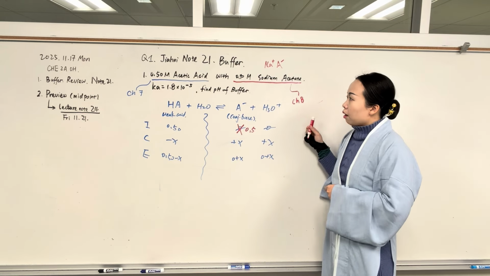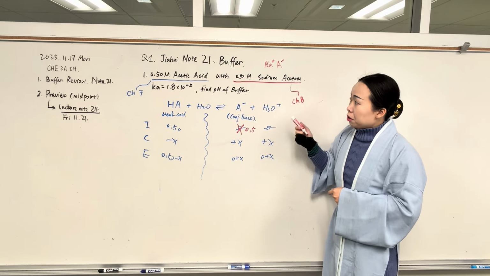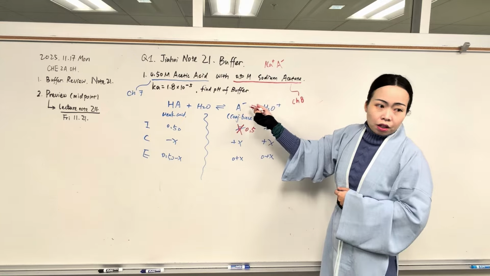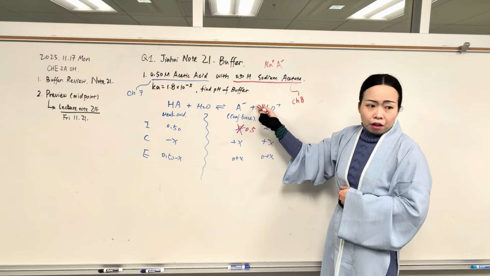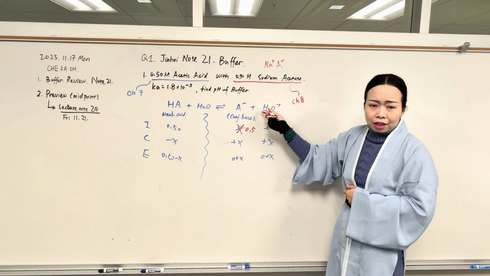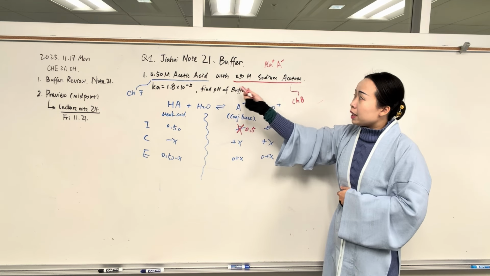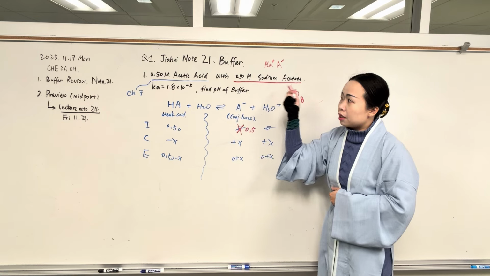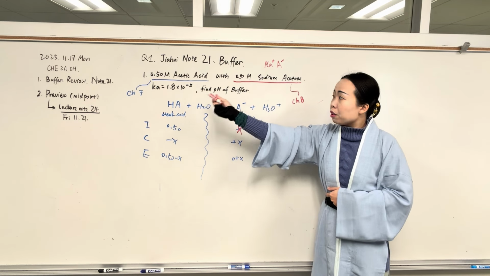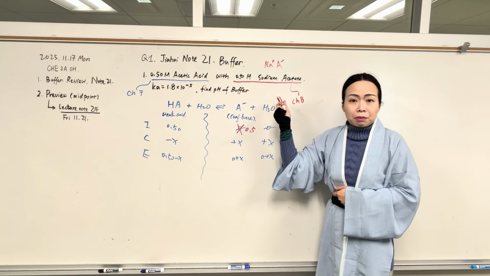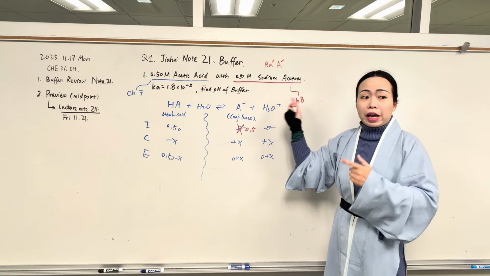Okay. Why is this one so special? I know I wrote buffer here, but one of the tricky parts of chapter 8 is identifying that there is such a thing called a buffer. What do we say about a buffer? A buffer is something weak and its conjugate base. They should be in similar molarities, 0.5. Sometimes the buffer isn't made by itself.